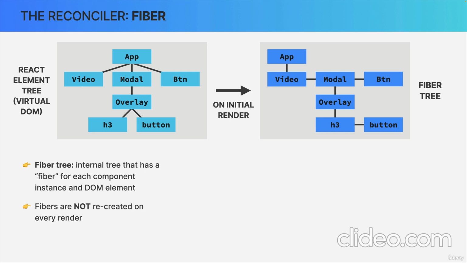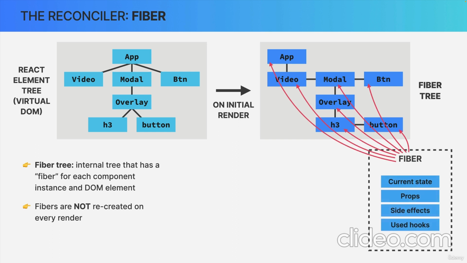Instead, it's a mutable data structure, and once it has been created during the initial render, it's simply mutated over and over again in future reconciliation steps. And this makes fibers the perfect place for keeping track of things like the current component state, props, side effects, list of used hooks, and more.